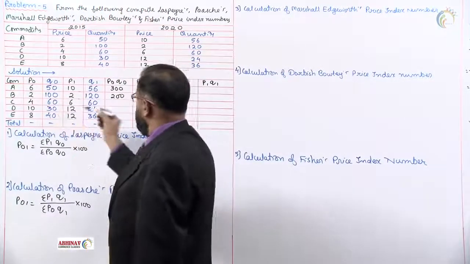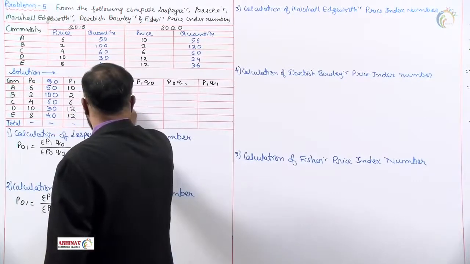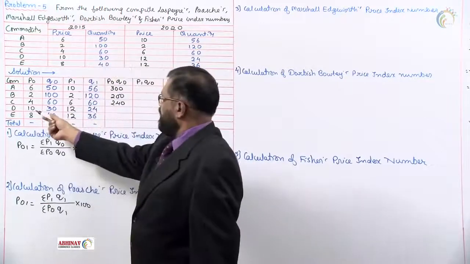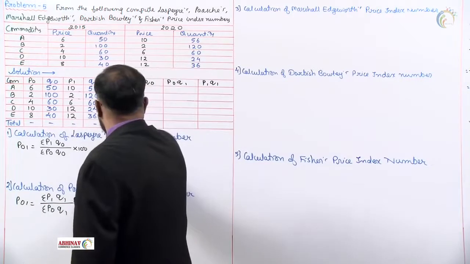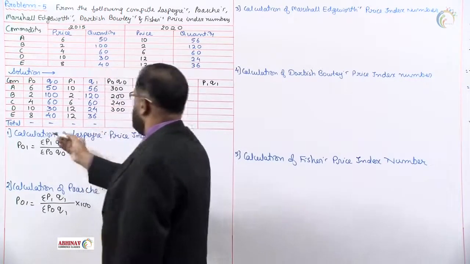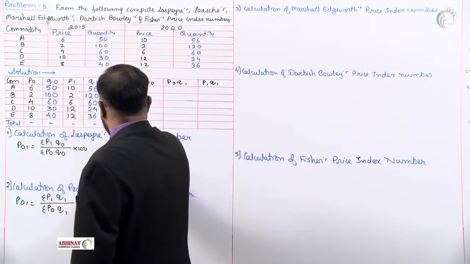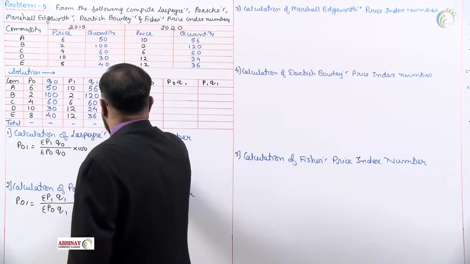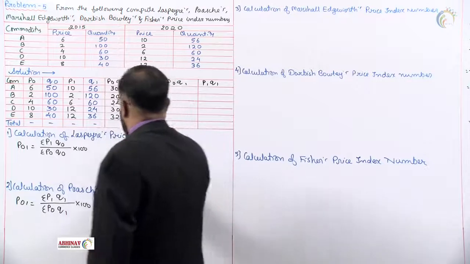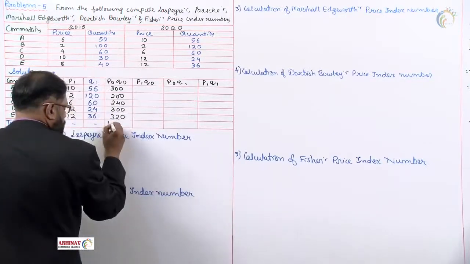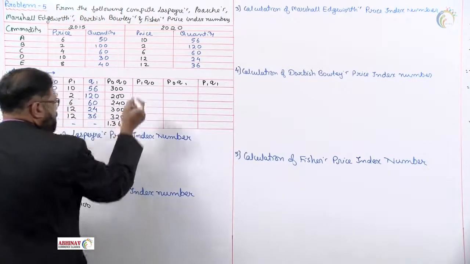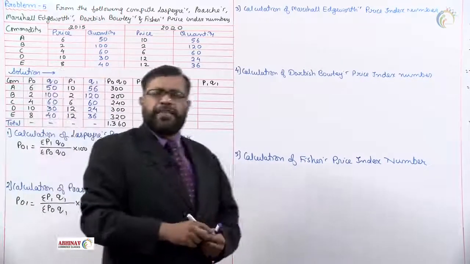Then 4 into 60, 240. Then 10 into 30, 300. Then 8 into 40, what we get is 320. And quickly we'll total this. This total comes to 1360.